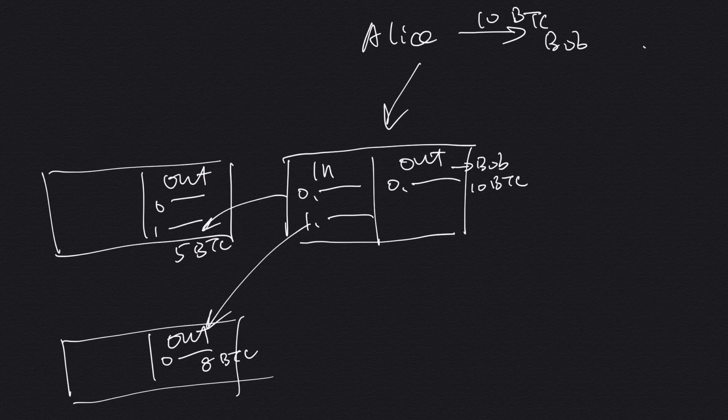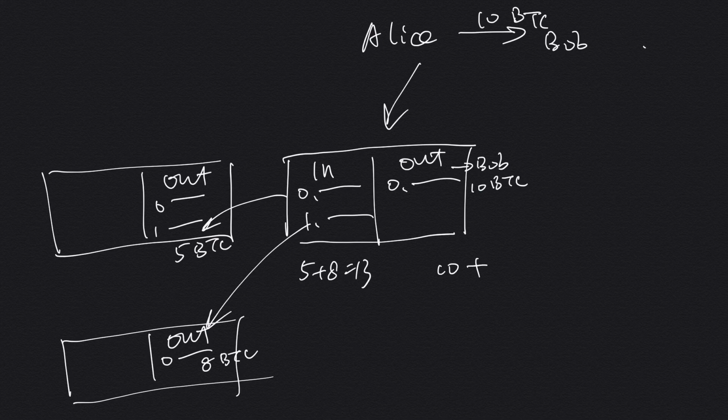Since we have 13 in total, the rule is you have to consume all the inputs to come up with the outputs. So in total we have here 5 plus 8 is 13. This is 10, so we need another 3.